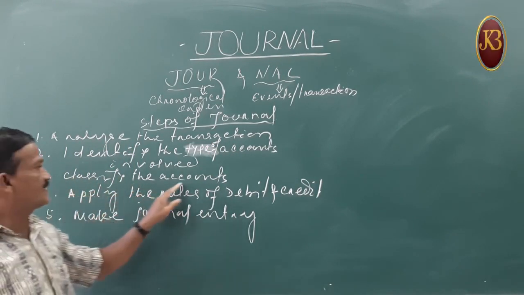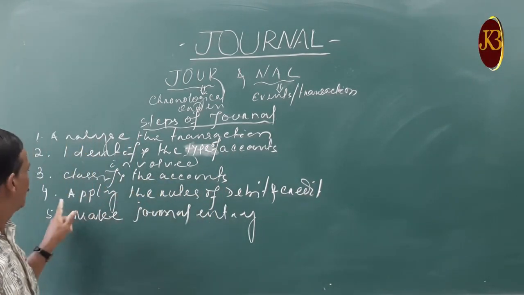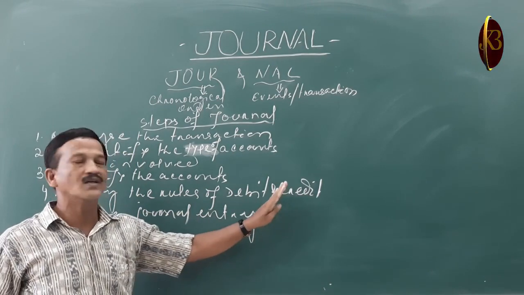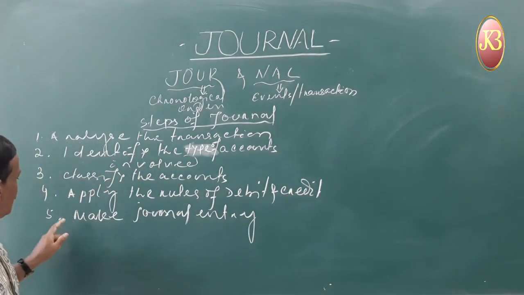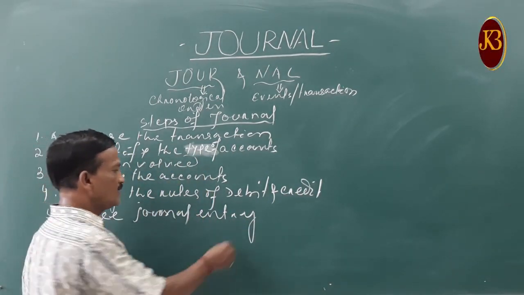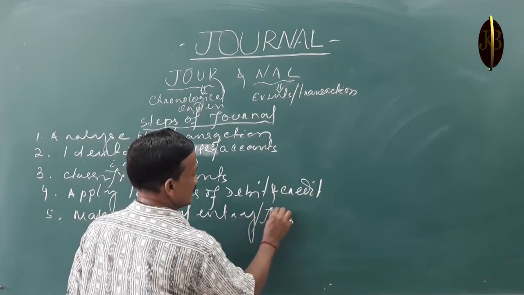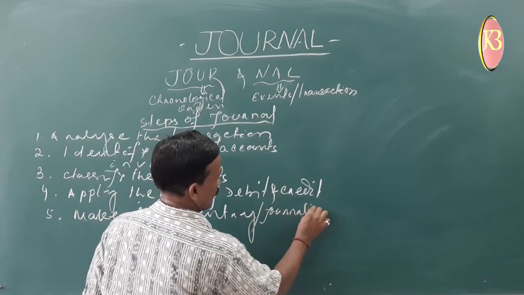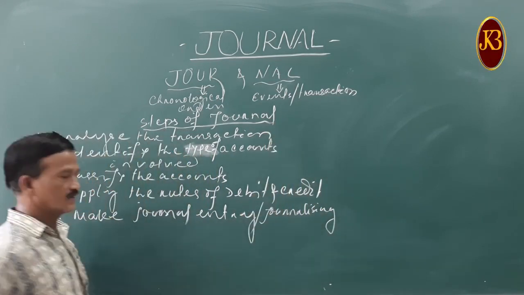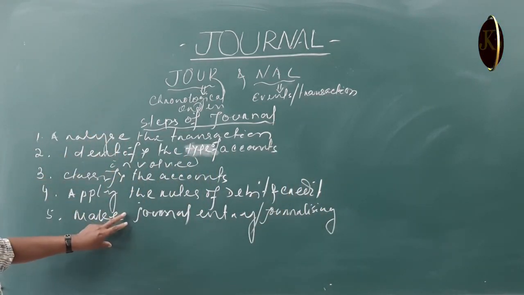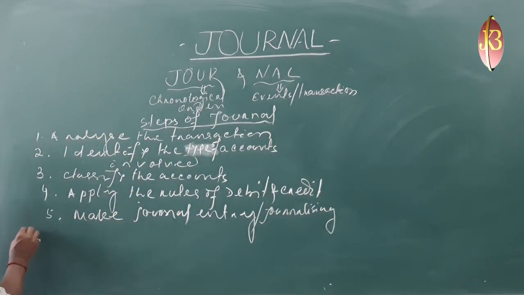Third, classify the accounts. Fourth, apply the rules of debit and credit. Then make the journal entry, or journalizing. So those are the steps to be followed for recording transactions.